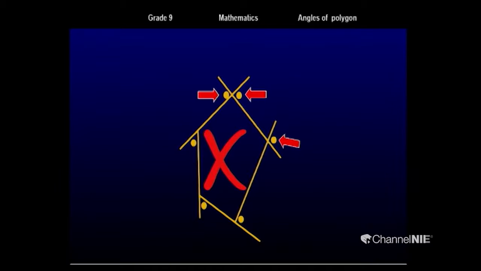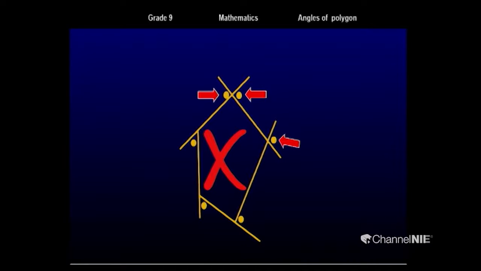When we mark exterior angles, you have to use the clockwise or anti-clockwise method. But here you can see I'll take one vertex, and there are 2 angles. Look at the diagram.